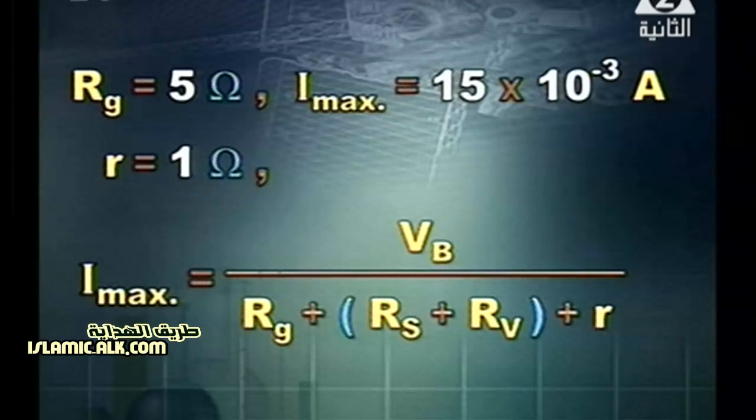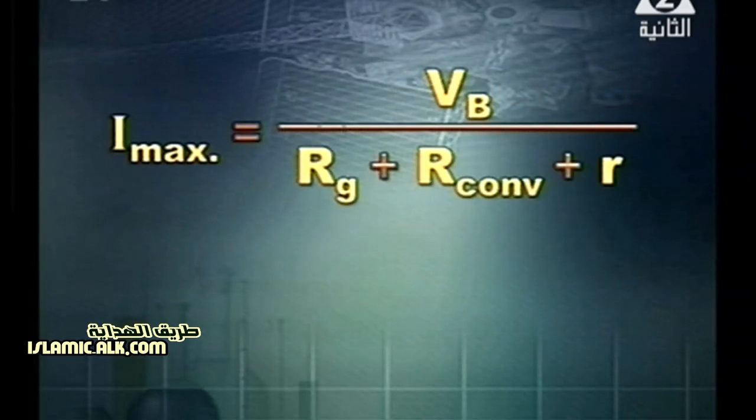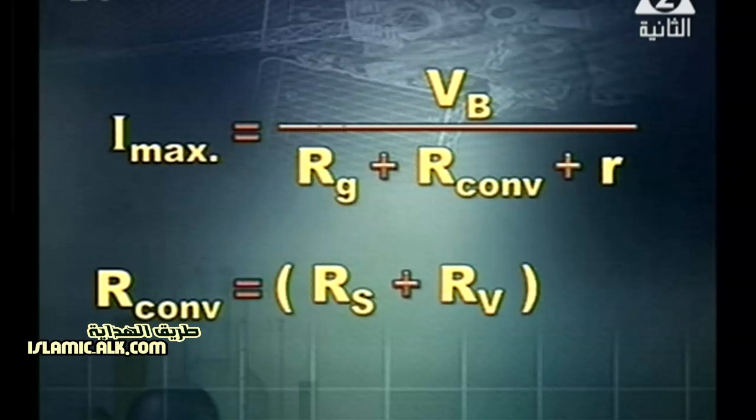Rs is the standard fixed resistor, Rv is the chosen value of the variable resistor. We call both of them R conversion, plus r internal. So I maximum equals VB over Rg plus R conversion plus small r. R conversion is the sum of Rs plus Rv.